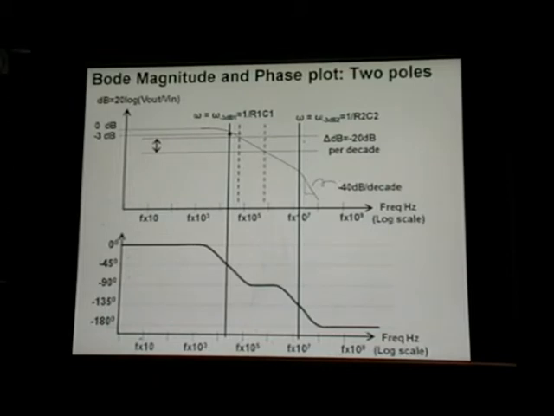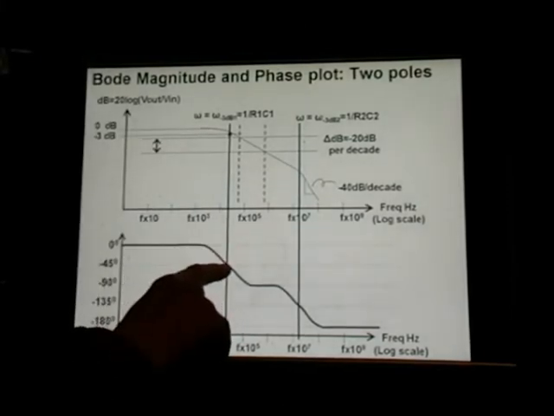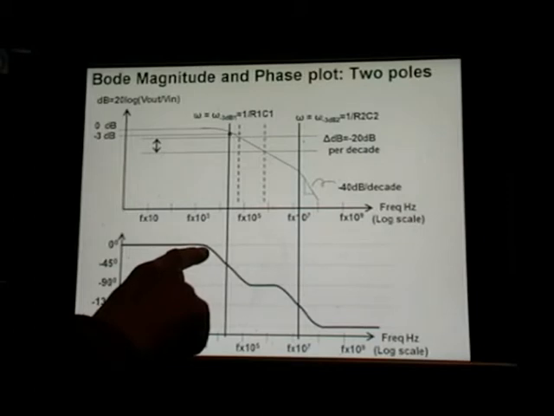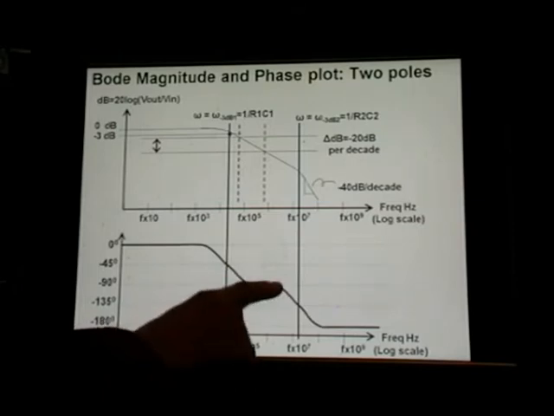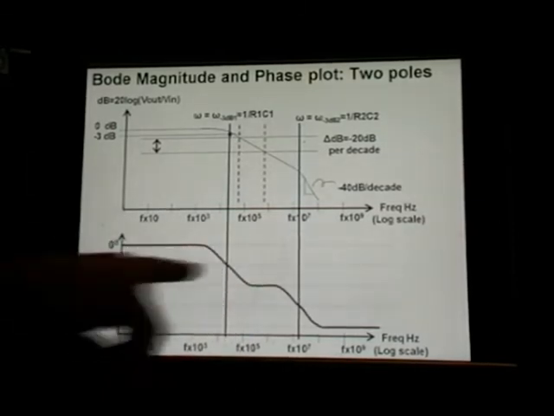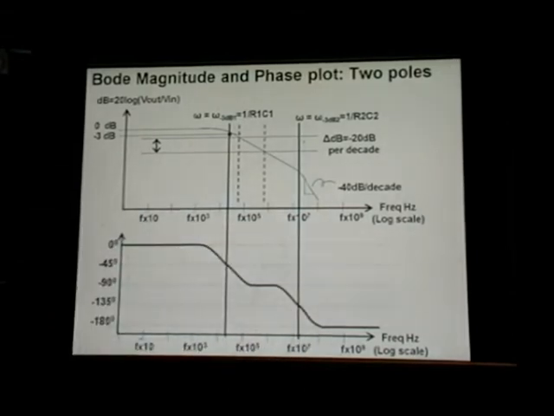Okay, and 45 degrees of that change happens before your corner frequency, and 45 degrees of it happens after your frequency. So right at your frequency, you've dropped 45 degrees. And it starts to change at whatever your corner frequency is divided by 10. So FC over 10 is where it starts to drop, and then 10 FC, in other words, 10 times your corner frequency, that's where it starts to flatten out again. And that happens as many times as there are poles.